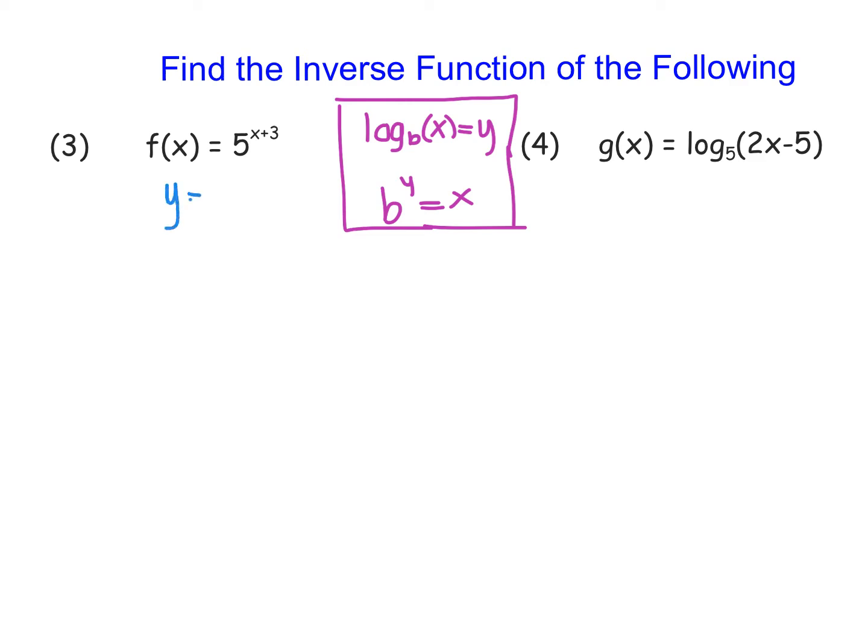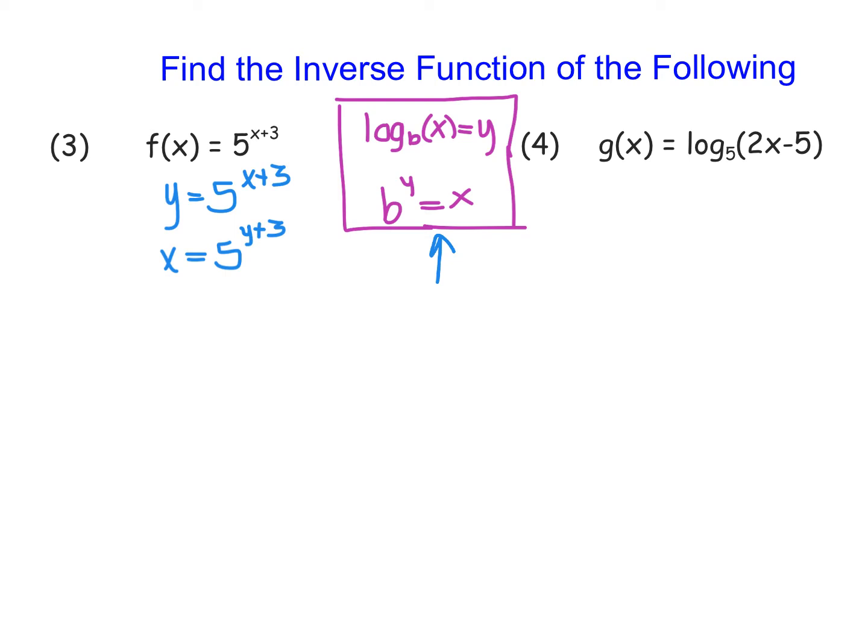Let's start by writing this in terms of y instead, and then let's switch our x and y so we can find our inverse. So we have x is equal to 5 to the power of y plus 3. Now in order to rewrite this for y, we know we're going to need to utilize this property here and rewrite our exponential into a logarithm to try to get y out of that exponent.